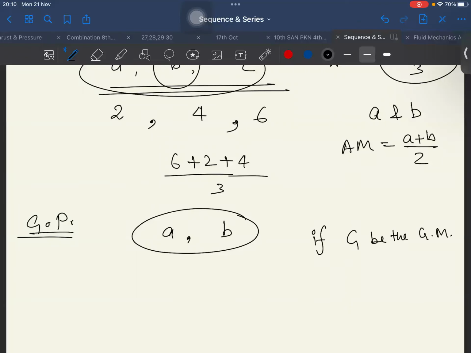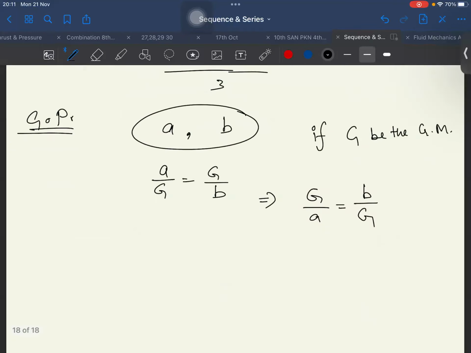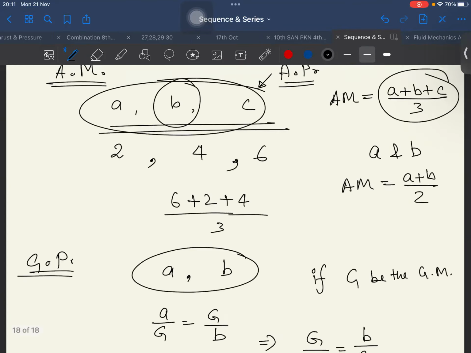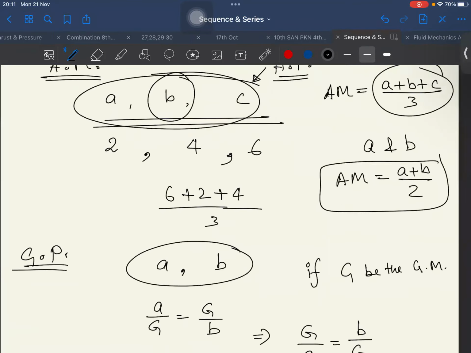So A by G will be equal to G by B, or you can write the opposite as well, G by A will be equal to B by G. If you cross multiply, G square is equal to AB and G is equal to square root of AB. So these two are arithmetic mean and geometric mean.